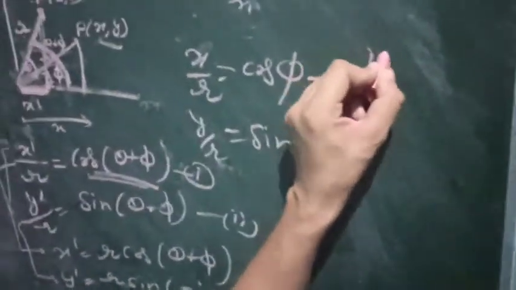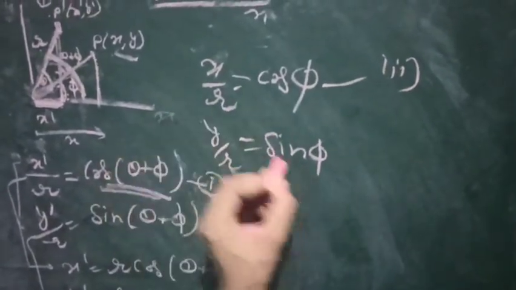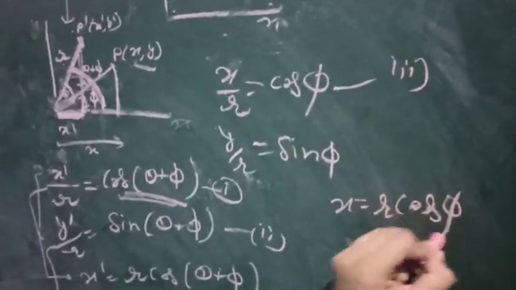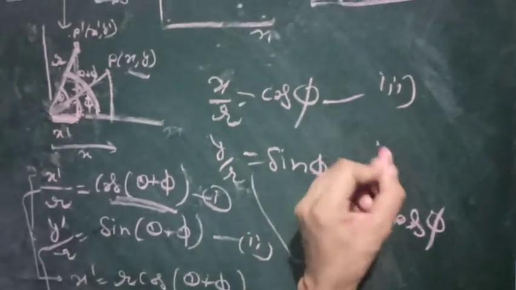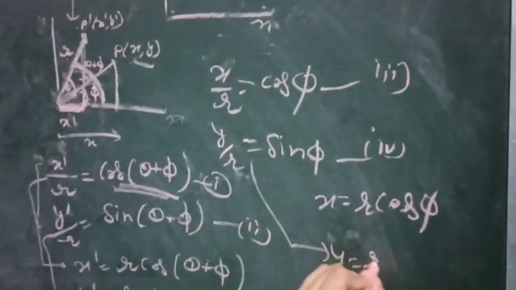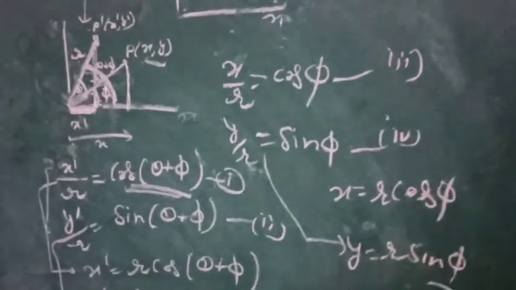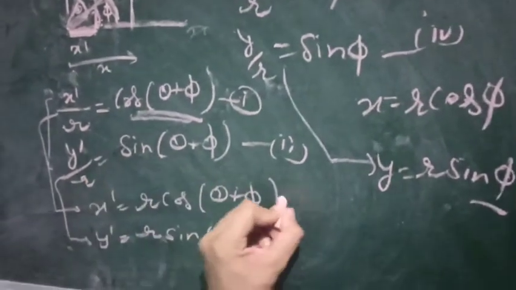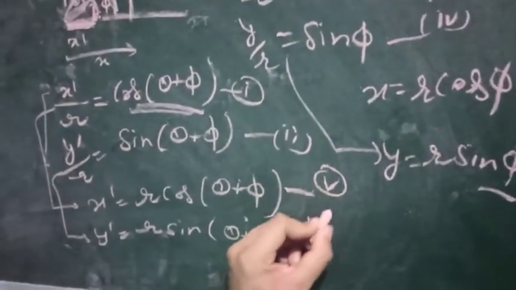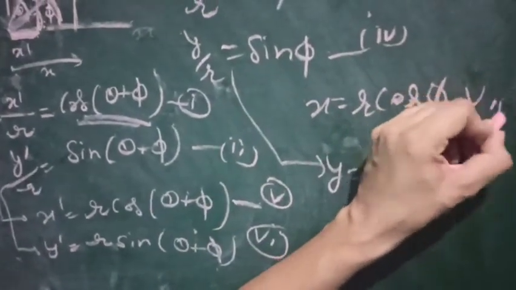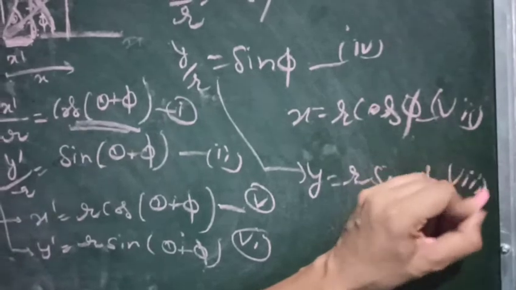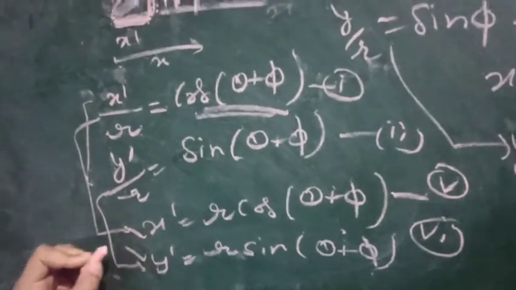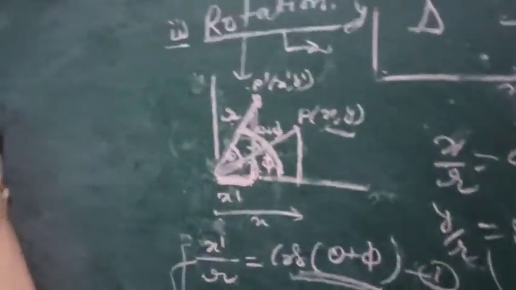From equation 3 we get x equal to r cos phi, and from equation 4 we get y equal to r sin phi. Now let's rename these as equations 5th, 6th, 7th and 8th.